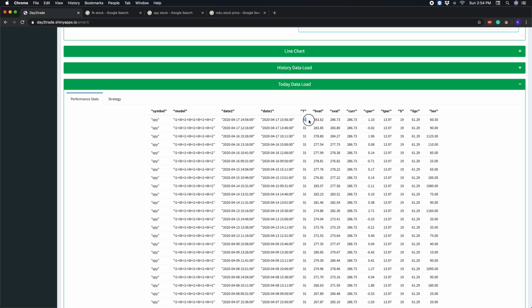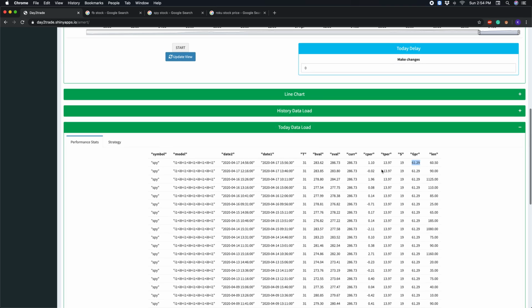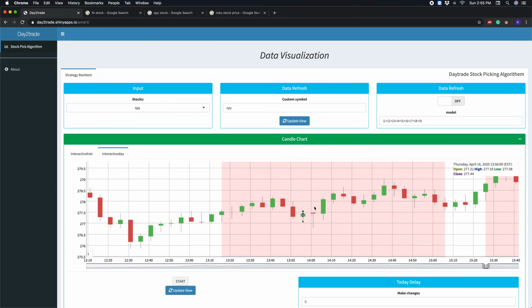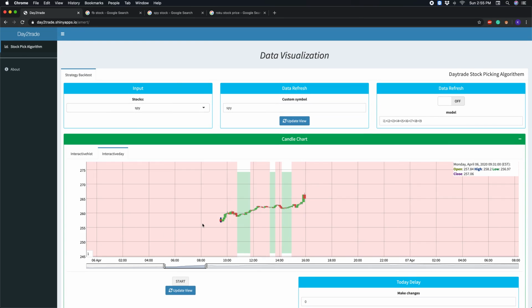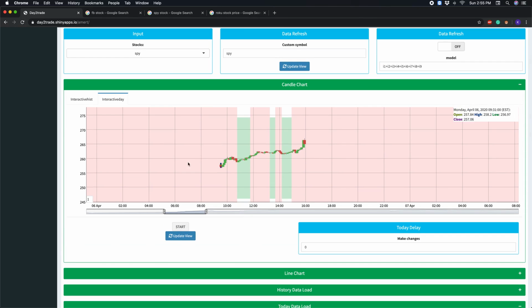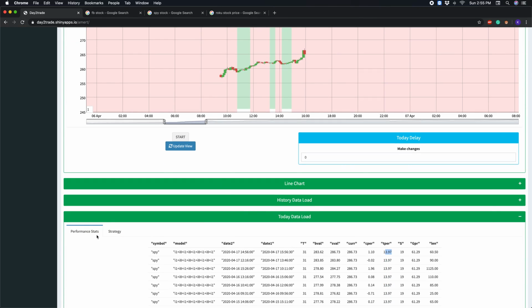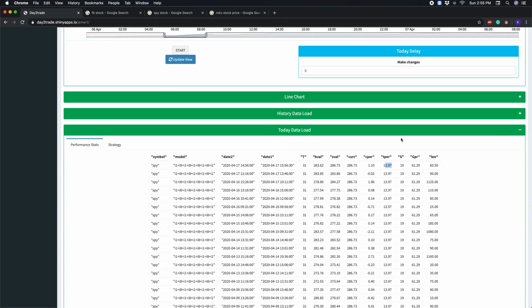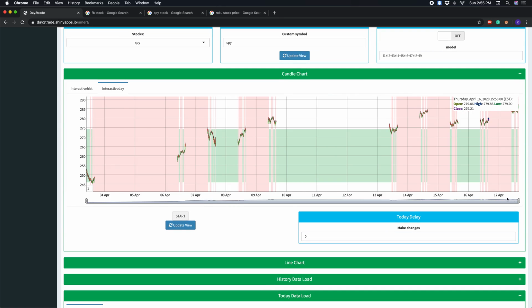Meaning, out of 31 trades, we have made 19 trades successful, which is 61% probability, and the total percentage is 13.97, which is 14%. And you see the stock selection points are good, and we got decent profit here in terms of intraday as well. So total 61% probability is good as well. So that's today's load.